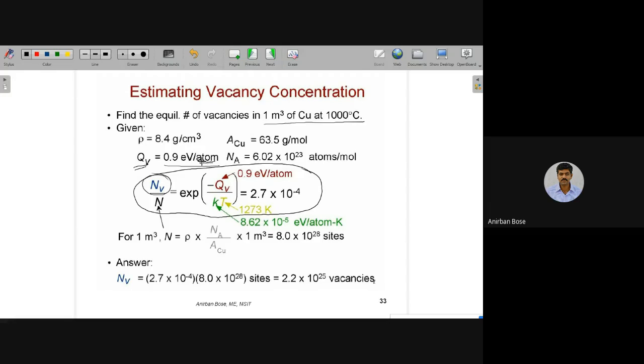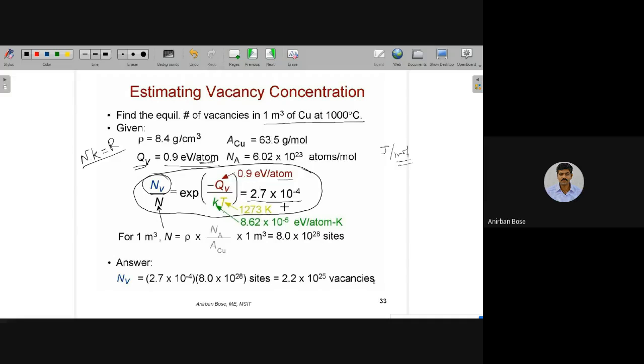And if it is given in, suppose, joule per mole, then instead of the Boltzmann constant, we simply write the universal gas constant, because the Avogadro number times the Boltzmann constant is equal to R. Here it is per atom, so you just use the Boltzmann constant, and the temperature is given, converted into Kelvin. And you just put it in and you will get the fraction.